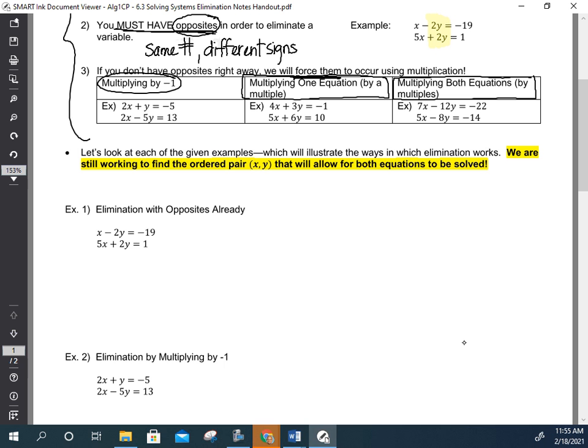So let's go ahead and get started. Now, remember what Greg said when I asked, what does it mean for something to be opposites?